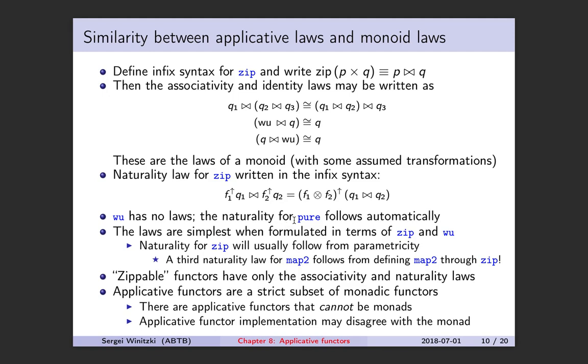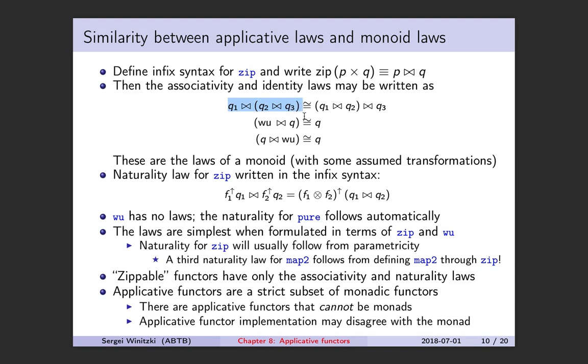And so actually we see that the laws of applicative have become extremely simple and suggestive. They're very similar to the laws of a monoid. There's associativity and two identity laws. Now this syntax, of course, is just zip, right? So this is p zip q. In Scala you can write zip in an infix notation already. So you can just say q1 zip q2 zip q3, and you don't have to worry about parentheses.